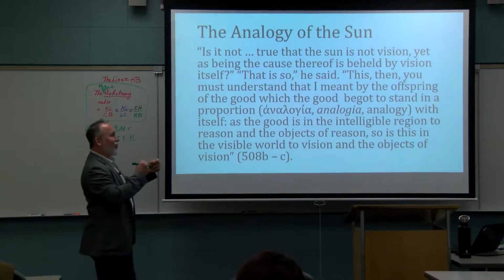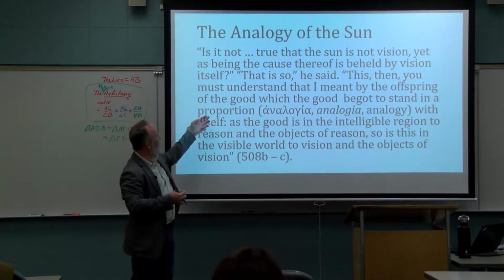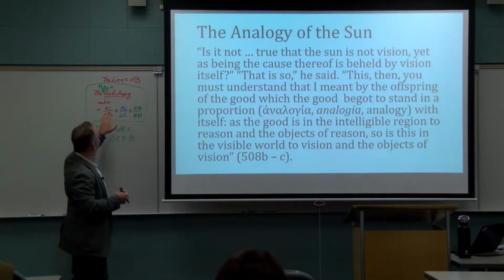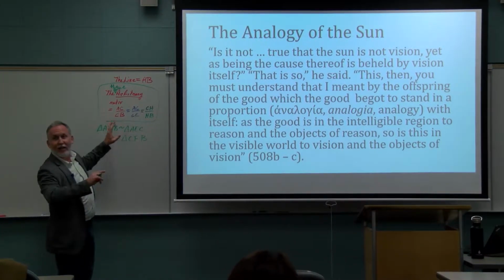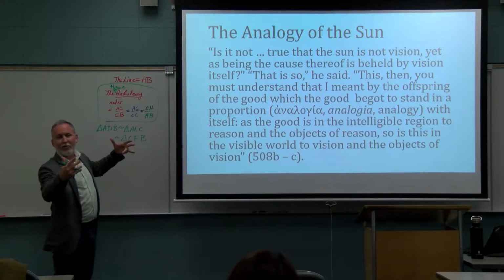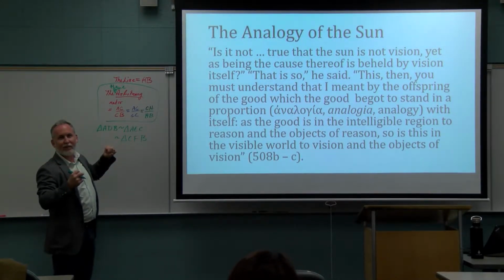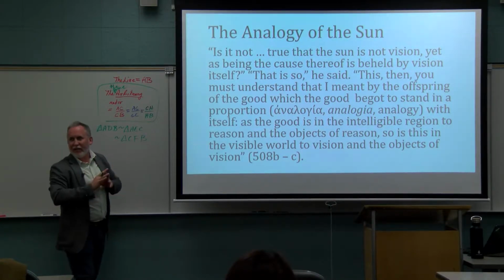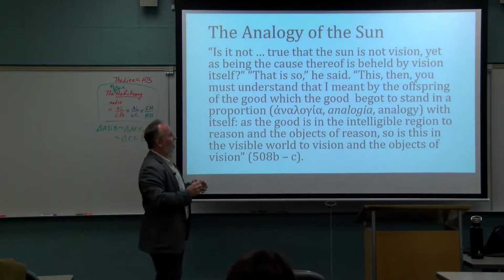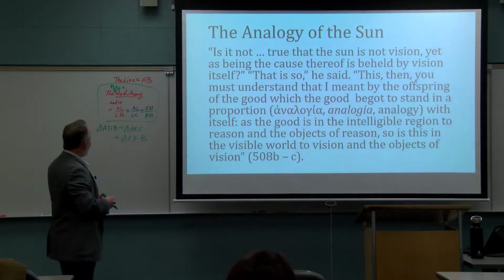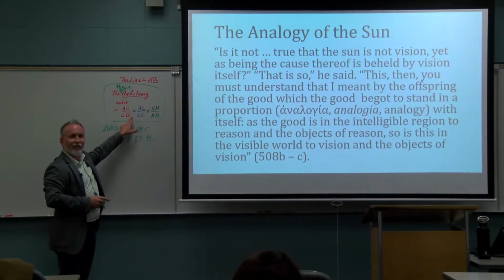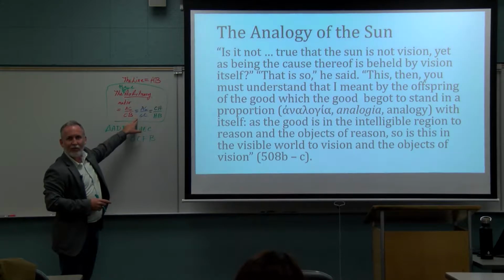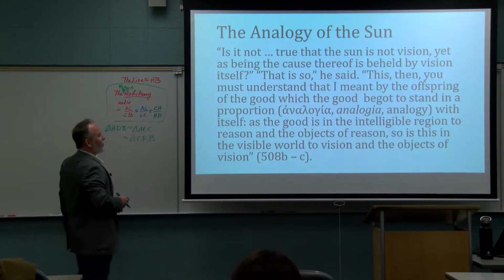But there's this trading off of meaning between a geometric proportion and an analogy, as we normally use the word analogy. And so those meanings trade off of one another in ancient Greek, and that's what Socrates is leveraging here. So this proportion holds the analogy of the divided line.